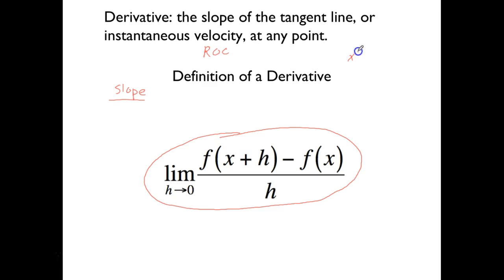We did f of 2.1 minus f of 2 all over 2.1 minus 2. Now, this function is for average rate of change. Well, Isaac Newton was saying, I don't want an average rate of change. I want to find the velocity right at 2.